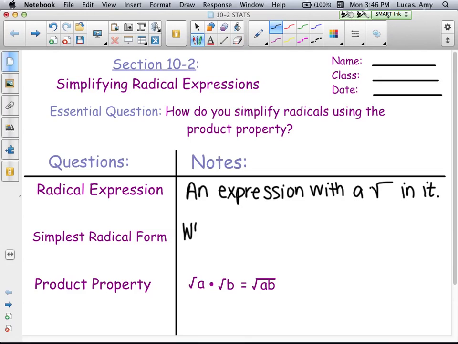When the radical, so that would be the square root, does not have any perfect square factors left.